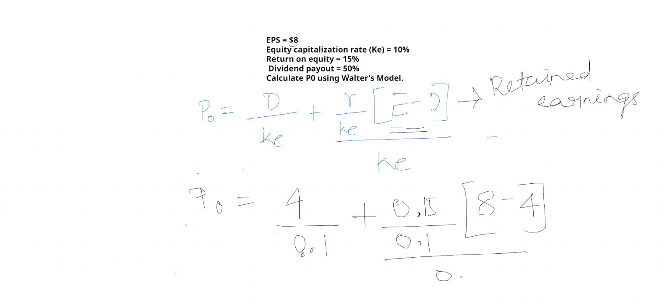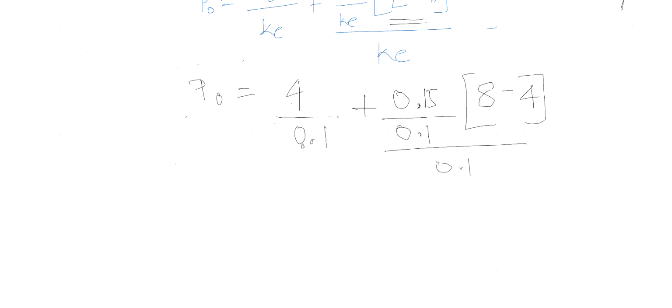Now let's calculate the price of the share. So P0 is equal to, 4 by 0.1, we get 40, plus 0.15 by 0.1, we get 1.5 multiplied by 4, we get 6, again divided by 0.1, right?